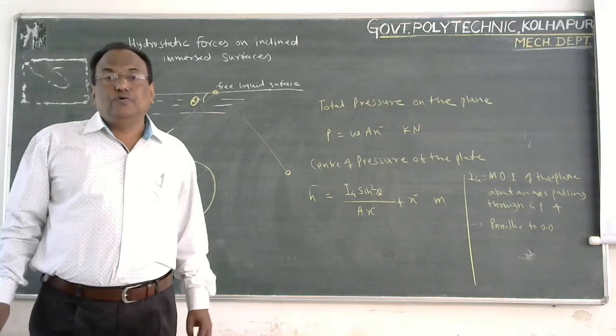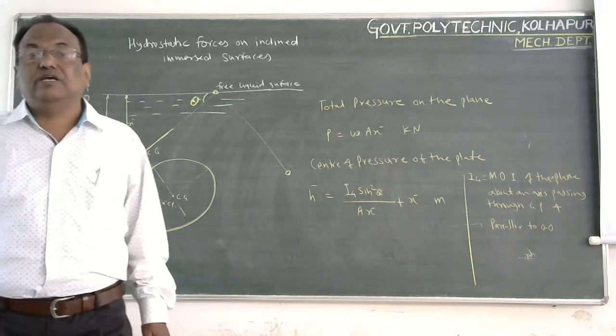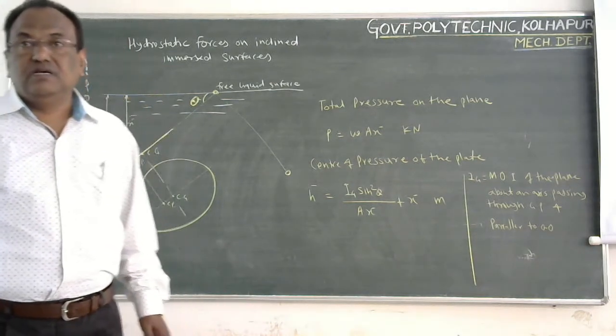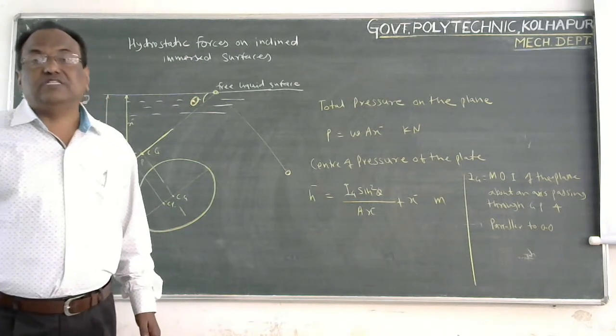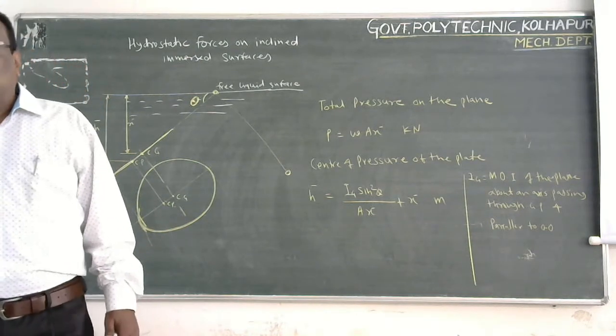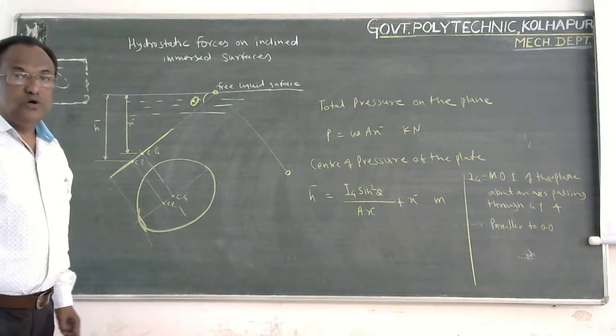Friends, today we will see the hydrostatic forces acting on inclined immersed surfaces. In the previous lectures, we have seen hydrostatic forces acting on vertical as well as horizontal surfaces.